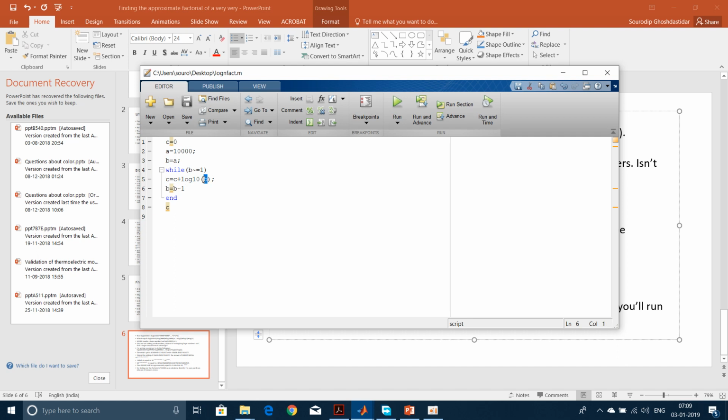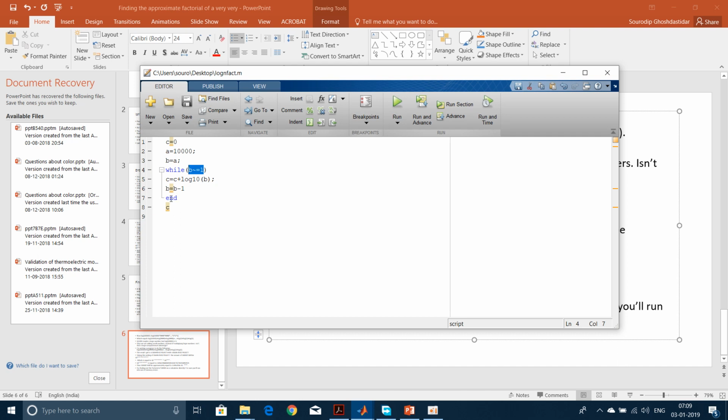calculate the logarithm of 9,998, added up to c, which stores the summation of the logarithms. And then finally exit the loop when b is 1. I mean b not equals to 1, which means when it sees that b is equal to 1, it just exits the loop.